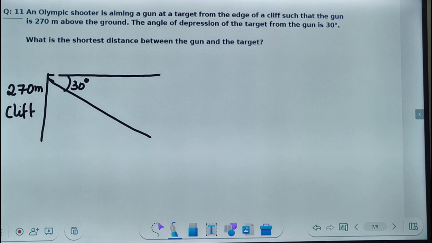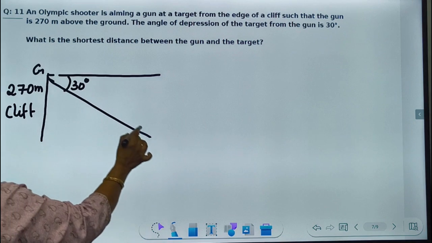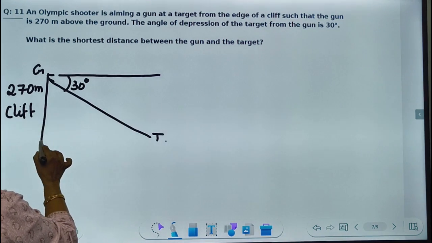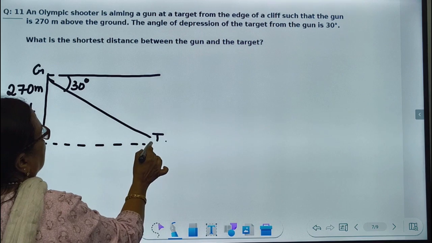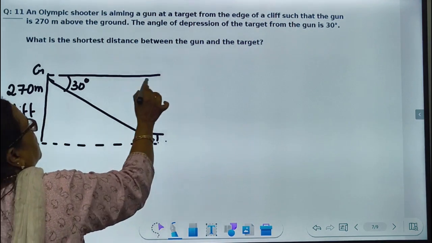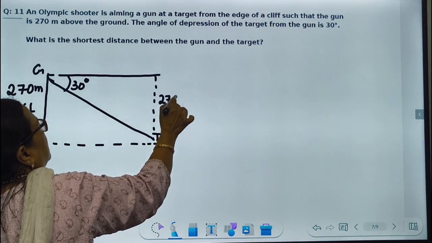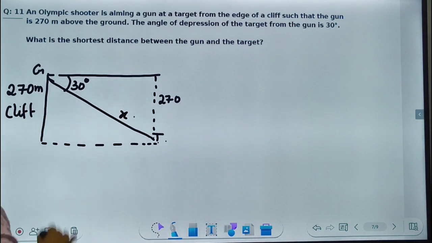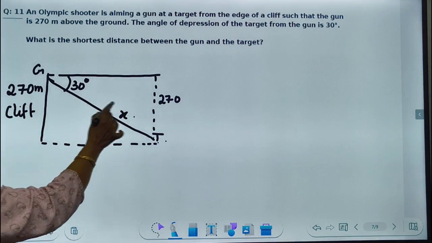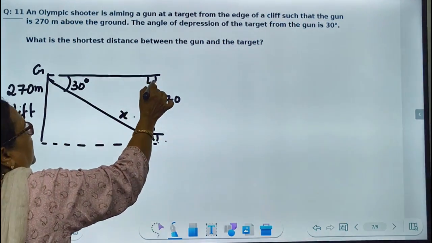What is the shortest distance between the gun and the target? So that is the question which is asked. So if this is 270, we know that this is also 270. We need to find x. So for 30 degrees, it's opposite side by hypotenuse, because this is 90 degrees.